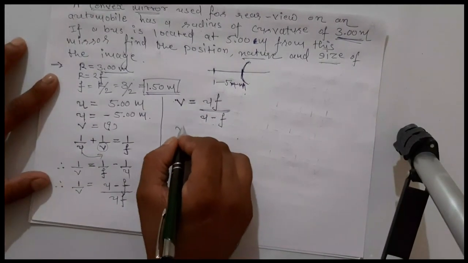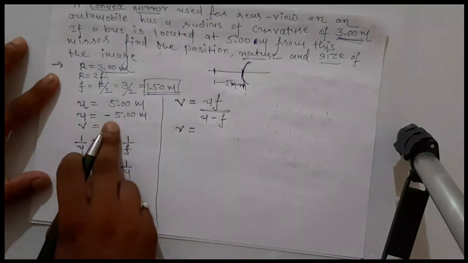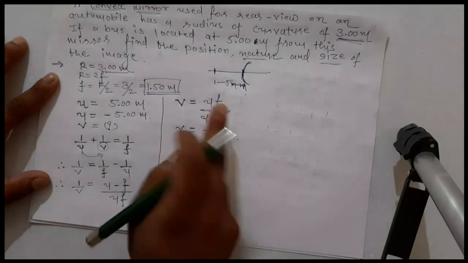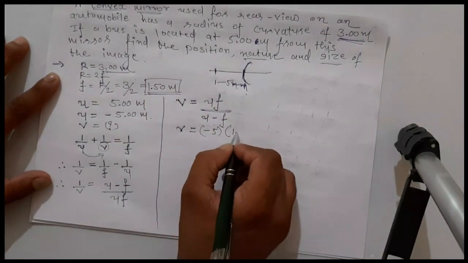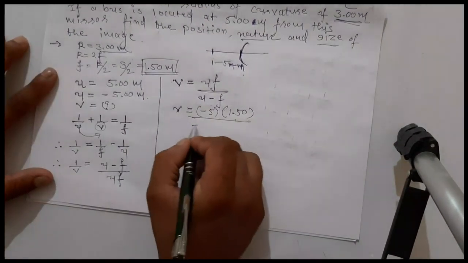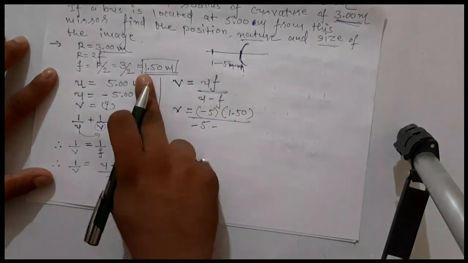Let's see. Now let's place the values. v is equal to, what is the value of u? That will be minus 5 meter. What will be the value of f? It is 1.5 meter. u, again it will be minus 5, minus the value of f.